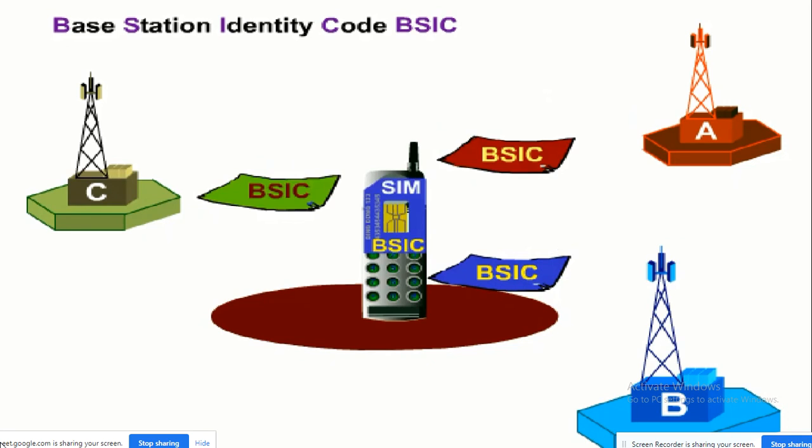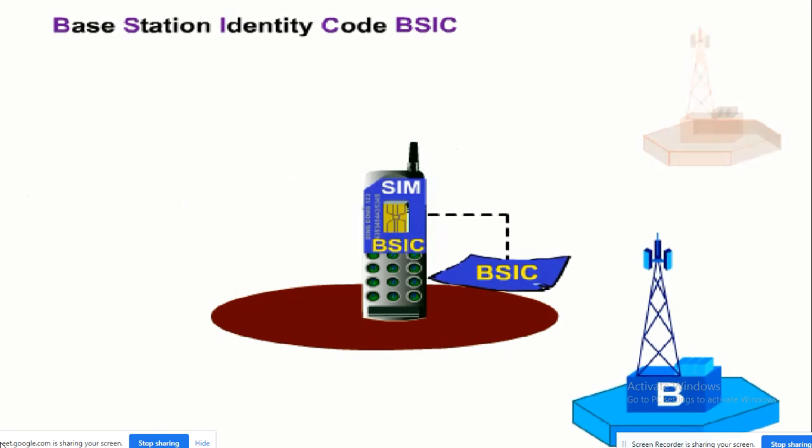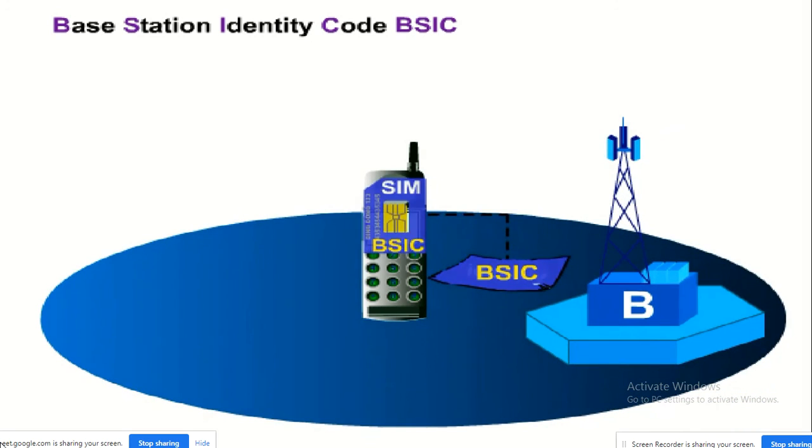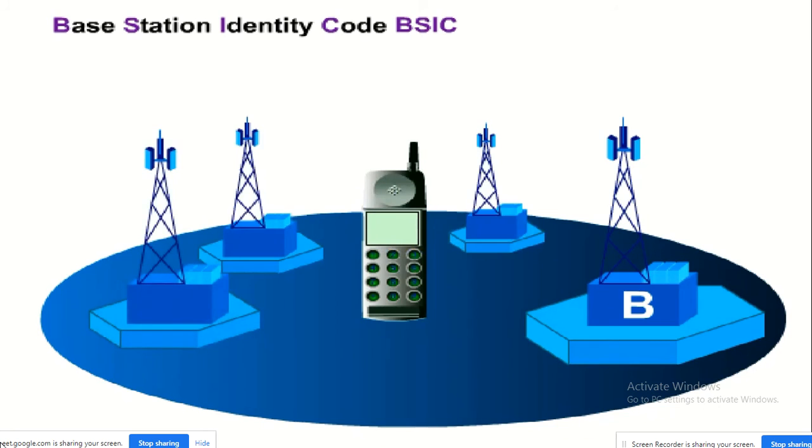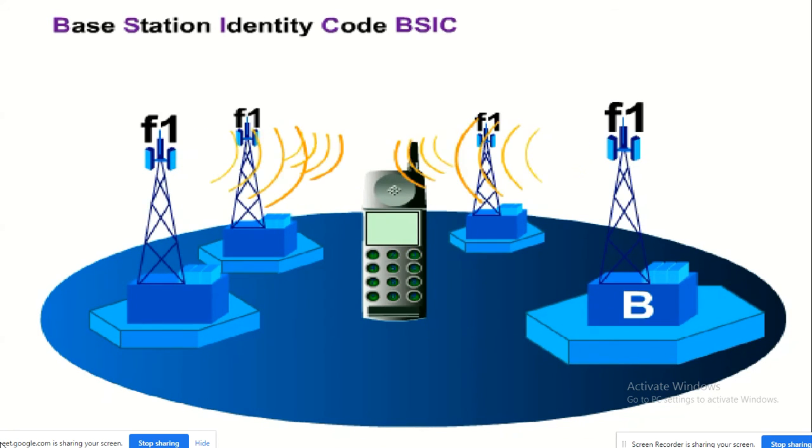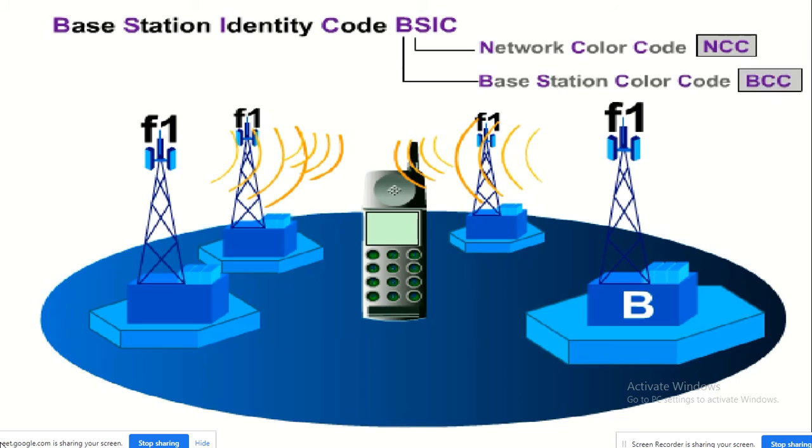Only after verification that the broadcast BSIC is identical with the entry on the SIM card can a mobile station be registered in the network. Furthermore, the BSIC distinguishes between the serving cell and those other cells that use the same frequency as the serving cell. It consists of the Network Color Code, NCC, and the Base station Color Code, BCC.